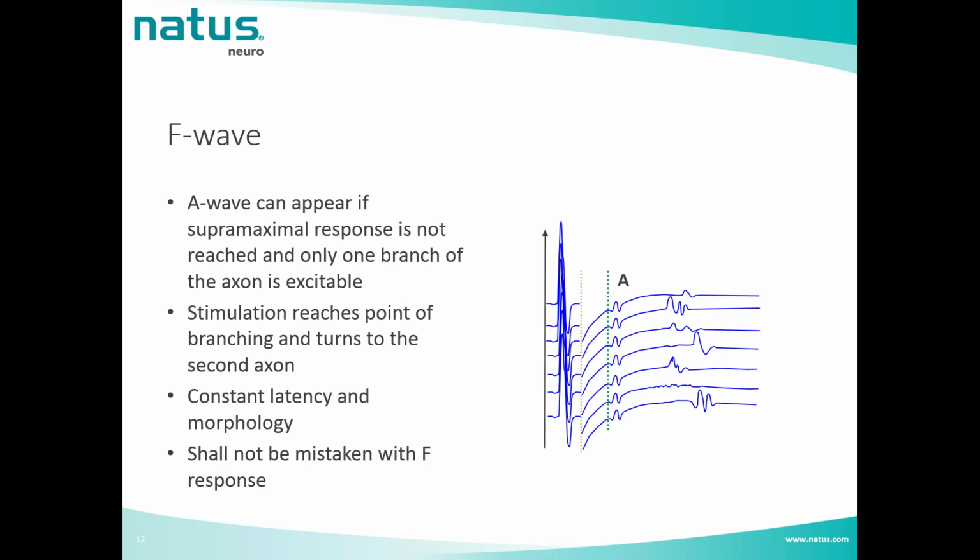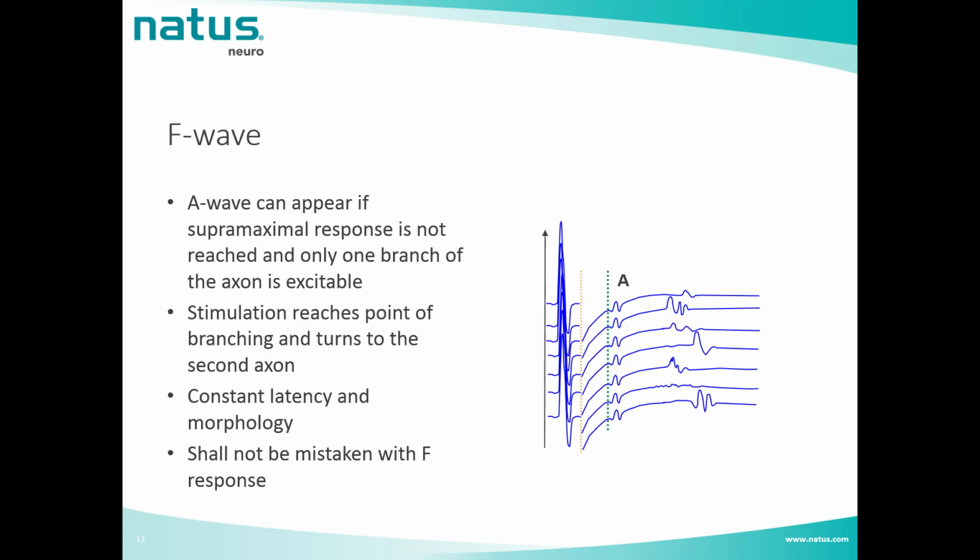Basically, this happens if the stimulation intensity is not at a supramaximal level. In this case, only one branch of the axon is excited, and when it goes up to the spinal cord, it reaches a point of branching, and instead of going to the spinal cord, it turns to the second axon and goes back to the muscle.